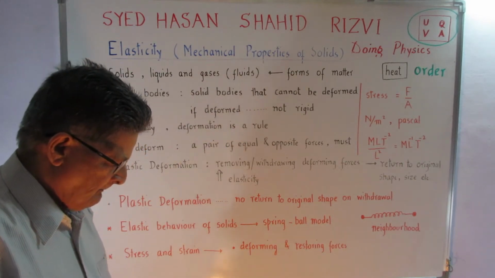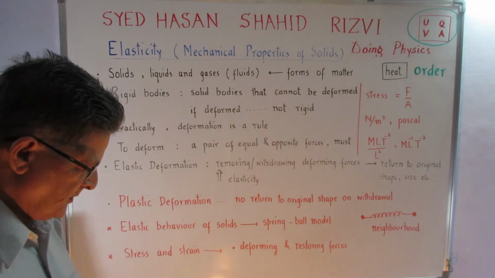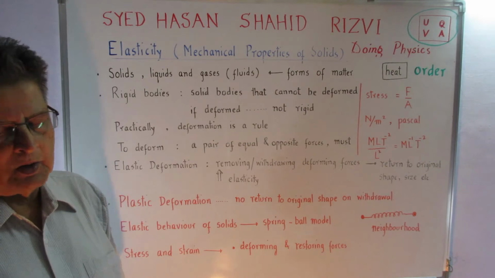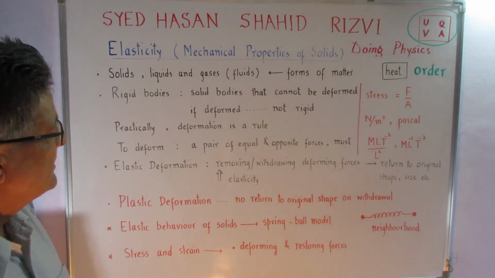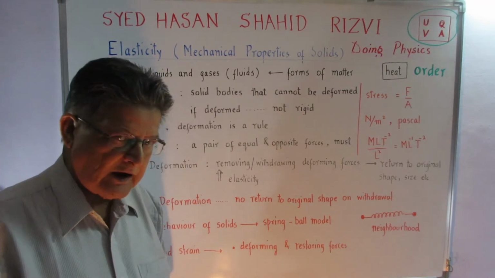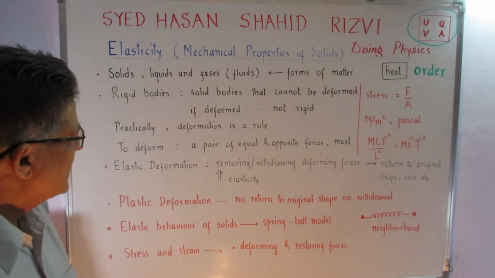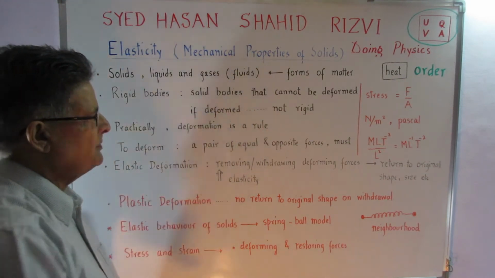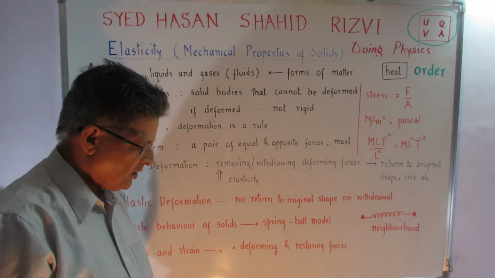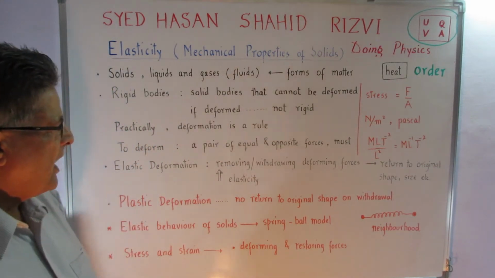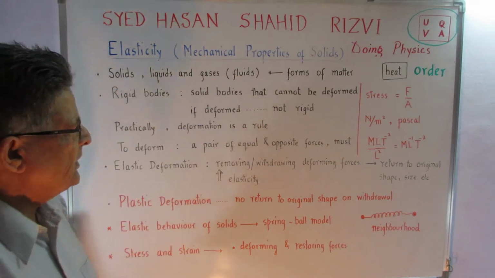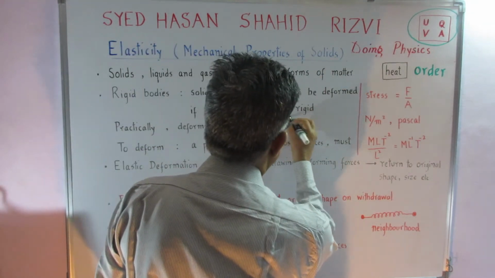Now, all along in the previous lectures, we have been talking about rigid bodies, and we have considered that these rigid bodies are near ideal rigid bodies. The rigid bodies are solid bodies that cannot be deformed. And if they are deformed, we understood that they are not rigid.